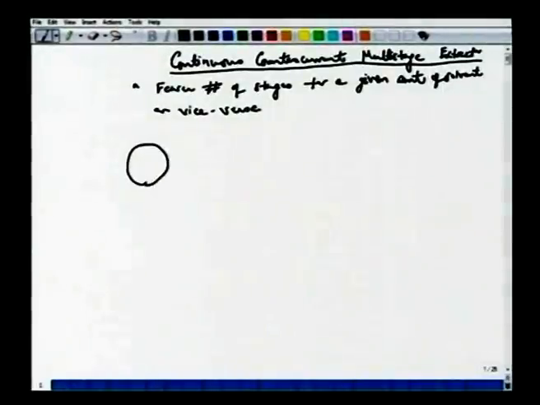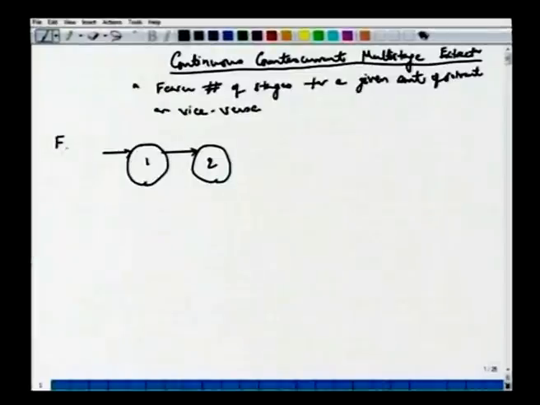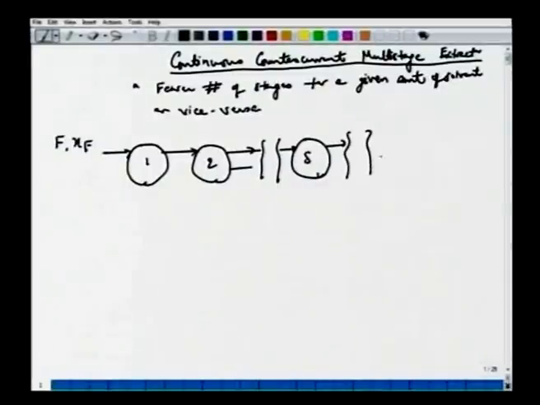Suppose we have, say, several stages, the cascade. So, feed enters from the left. So, we have F, XF, and let us say we have this general stage here, S, and then we have at the end the last stage, which is NP.